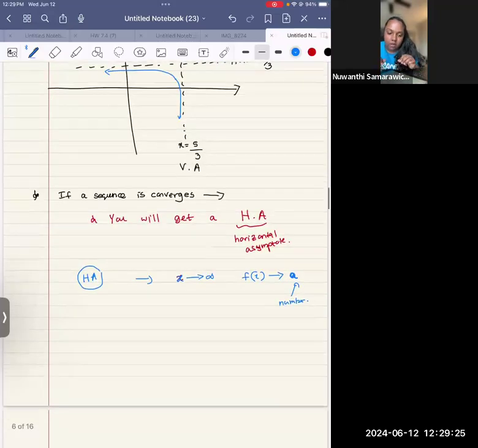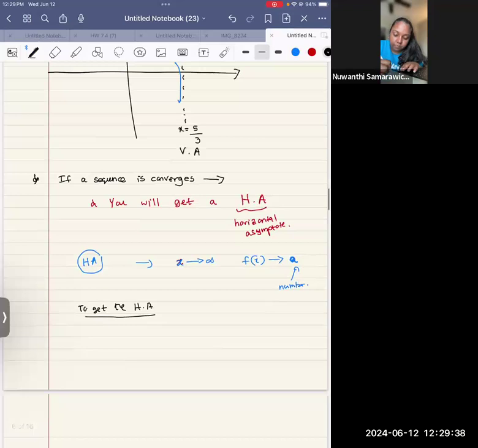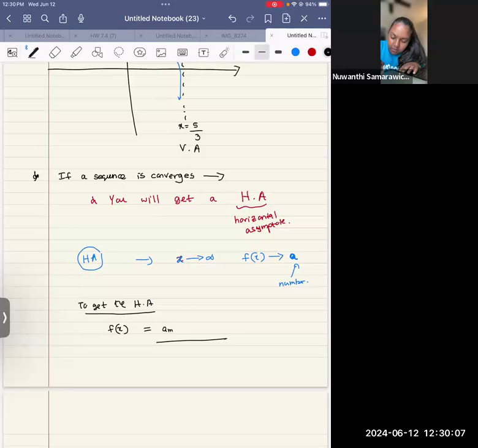To get the horizontal asymptote, I will just recall: you have to write a polynomial, with terms like a sub m y to the power m, a sub m minus 1 y to the power m minus 1, and so on, over a sub n y to the power n, a sub n minus 1 y to the power n minus 1.